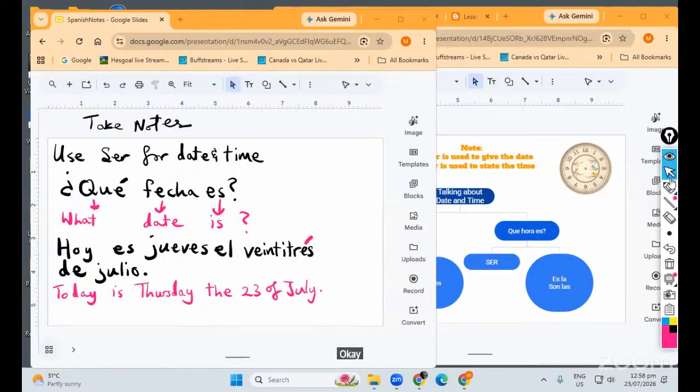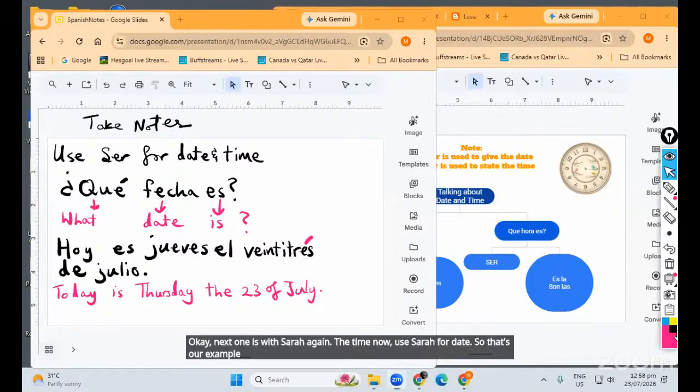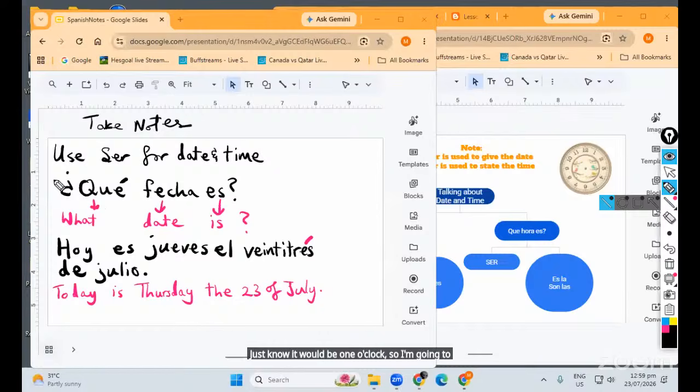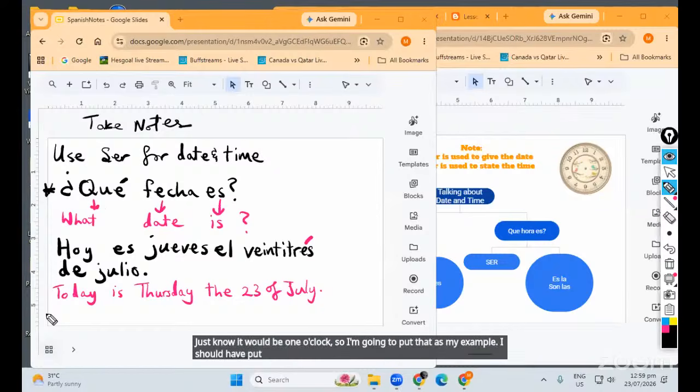Okay. Next one is with ser again. The time now, use ser for time. So the time just now will be 1 o'clock, so I'm going to put that as my example. I should have put a little star here. Es la una.